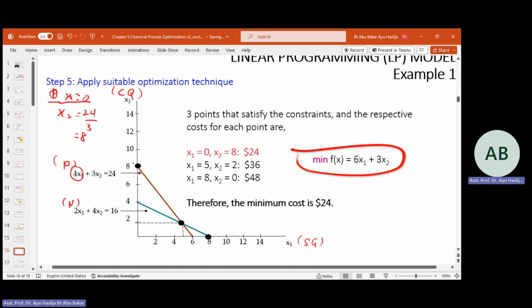So that's how you get this point. When x1 is 0, you need 8 bags of Crop Quick to fulfill the 24 requirement of the phosphate.